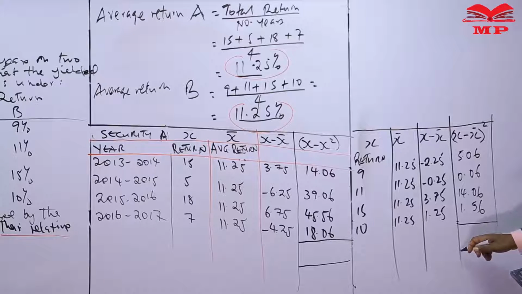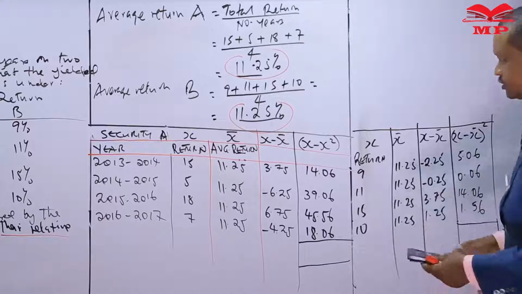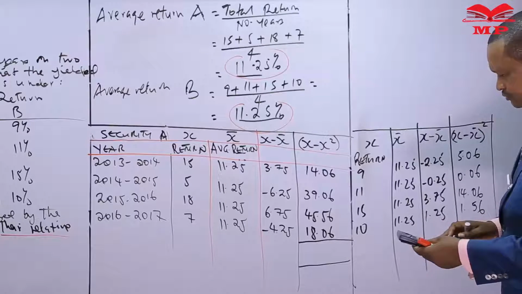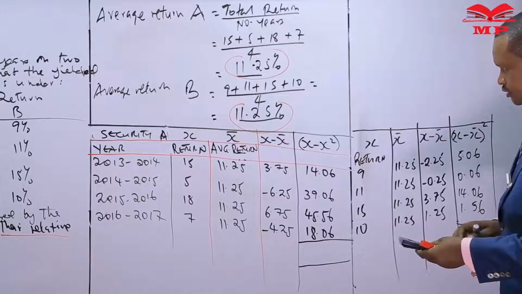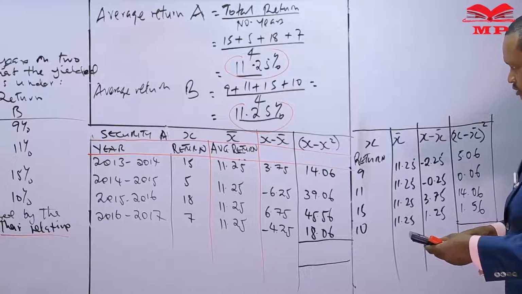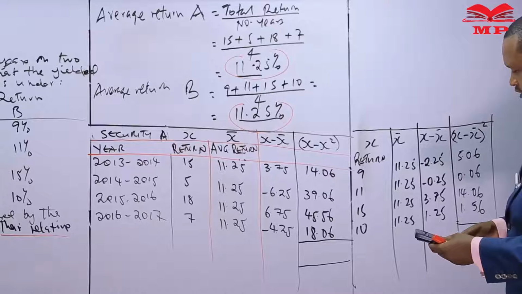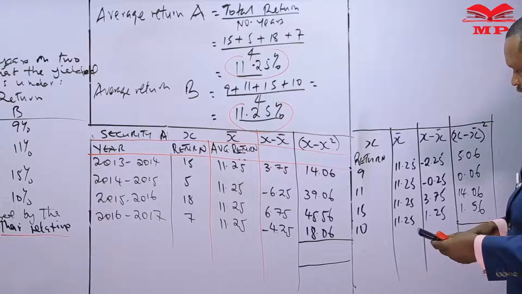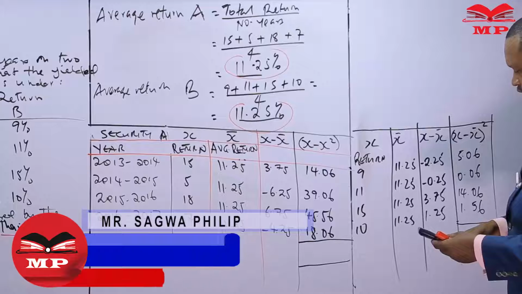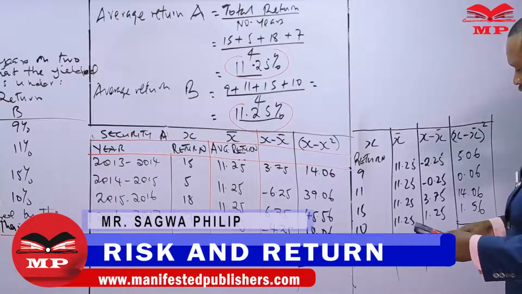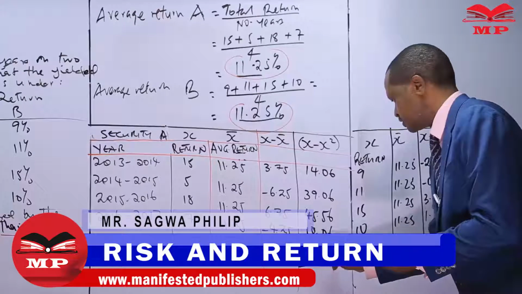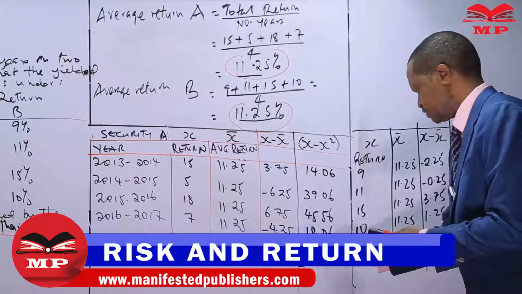We get the totals, starting with security A, 14.06 plus 39.06 plus 45.56 plus 18.06, 116.74.